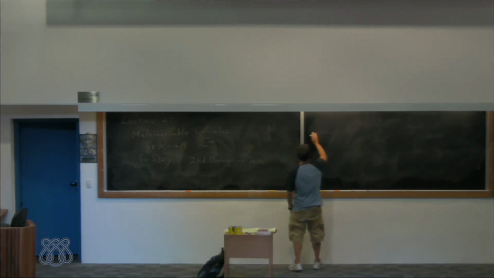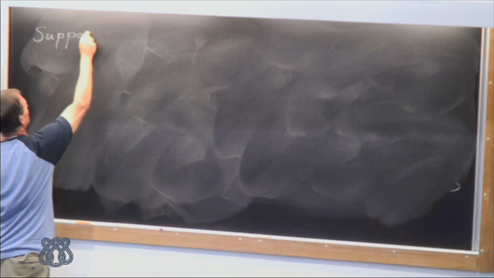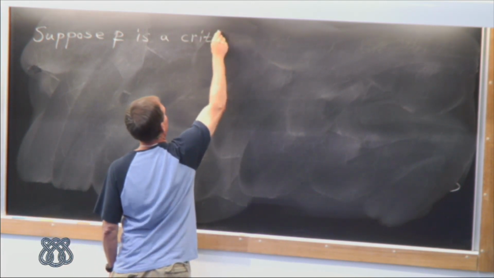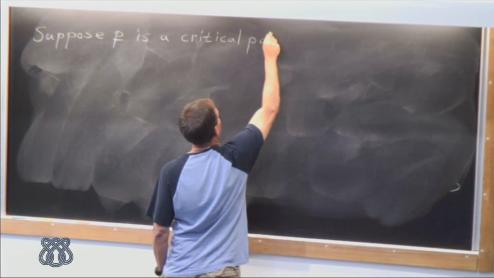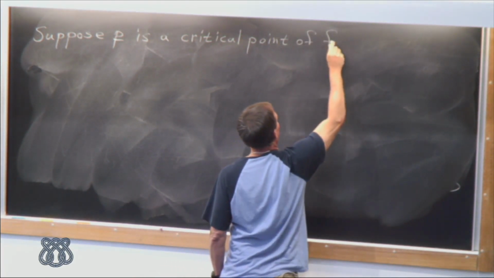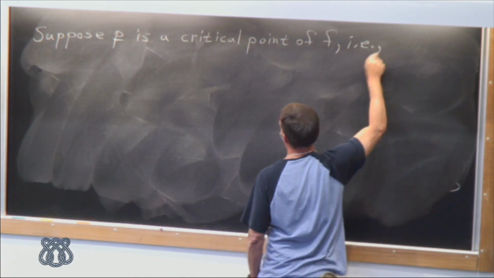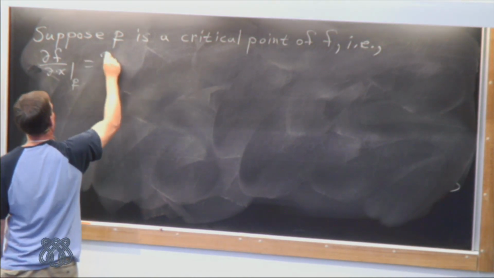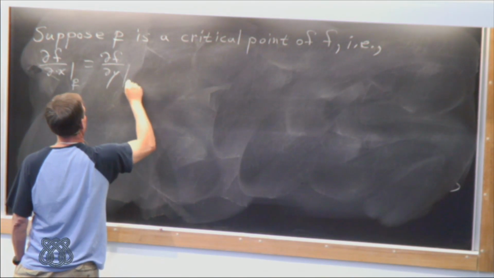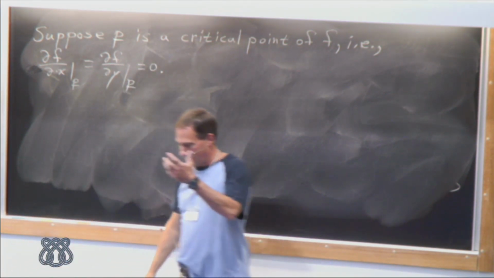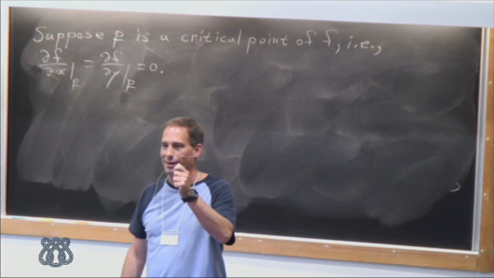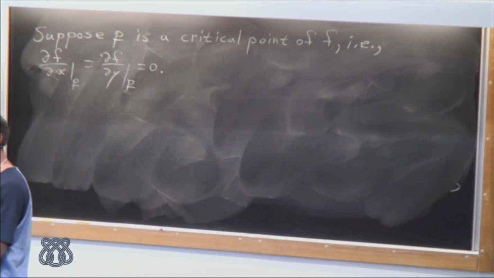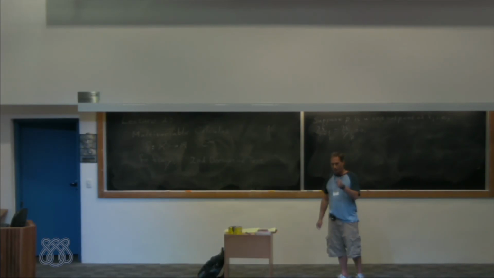Suppose p is a critical point of f. I should say, I'm not going to state it exactly how we state it in our multivariable classes, because I'm going to refer to eigenvalues, but this is what it boils down to.